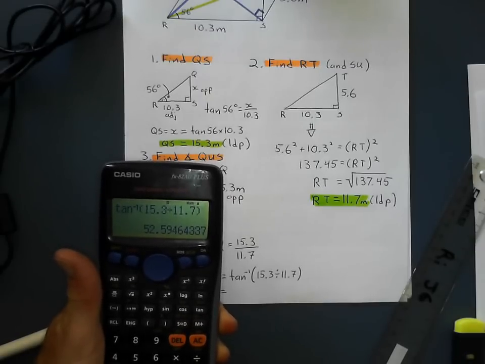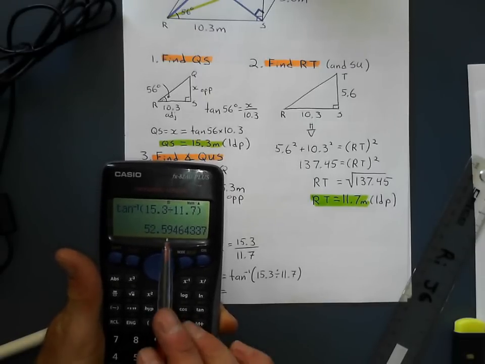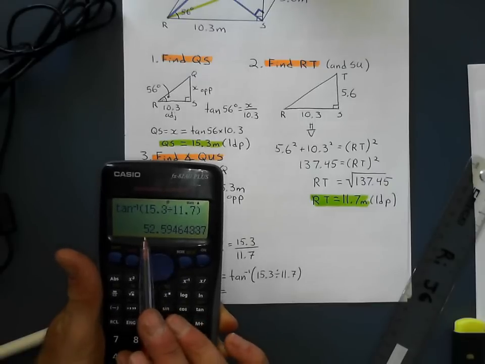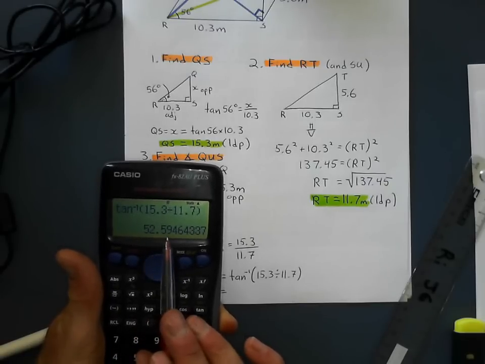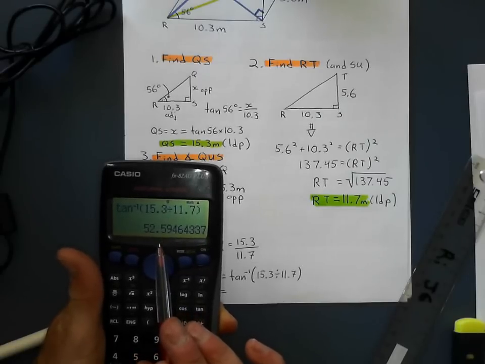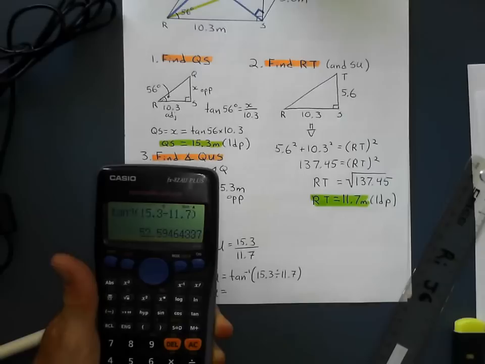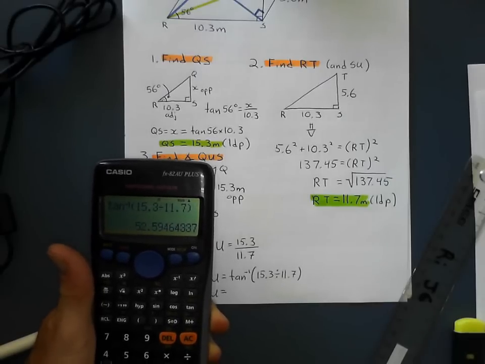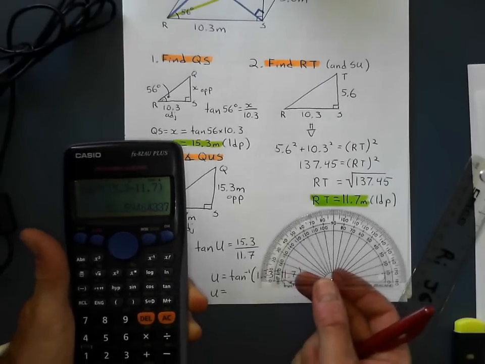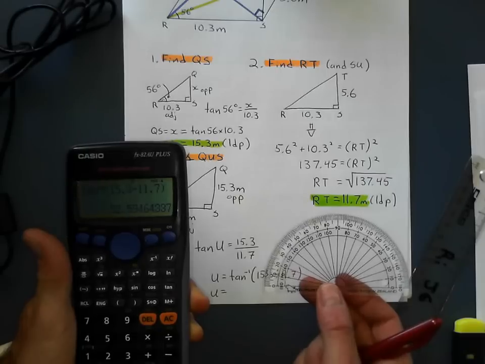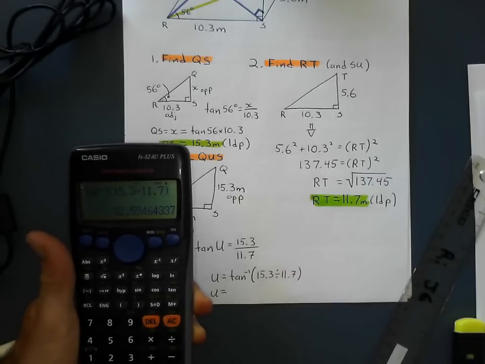52.59 degrees, and I say, if you put 52.6 to one decimal place, you'll get it right. Great, good for you. But remember, the protractor, getting 1/10 of a degree is pretty hard to do. So I would just raise that to no decimal places.